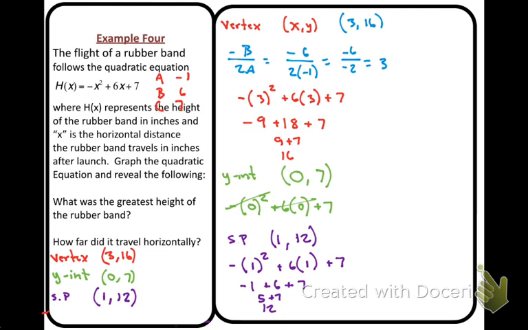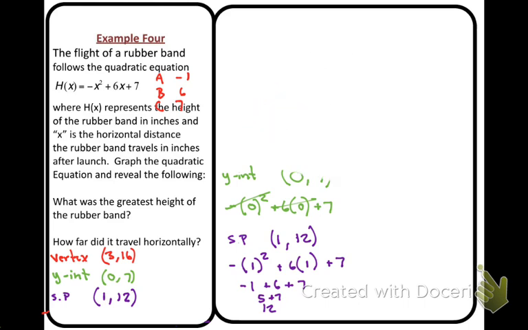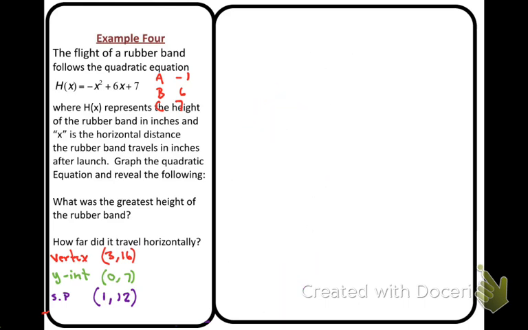Okay, now we've got to go ahead and graph this. And I'm going to erase a lot of this, but you can always rewind it and refer back to it. And I'm going to draw our axes.